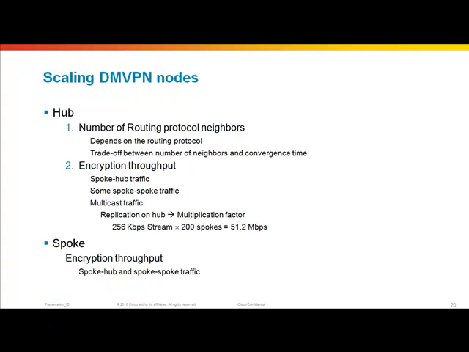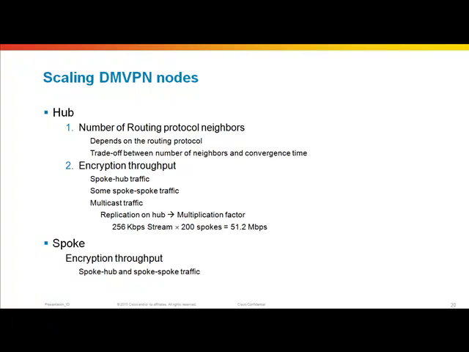And to scale the hub, how many spokes a single hub can handle depends on the routing protocol. We're going to look at that in a little more detail in just a second, so just keep that in mind. That's usually the most limiting factor for a hub: the number of routing protocol neighbors, because each one of the spokes that connects to it is going to be a neighbor.